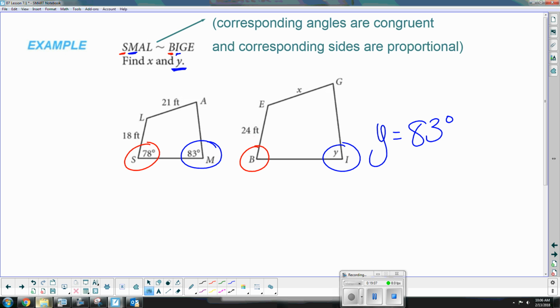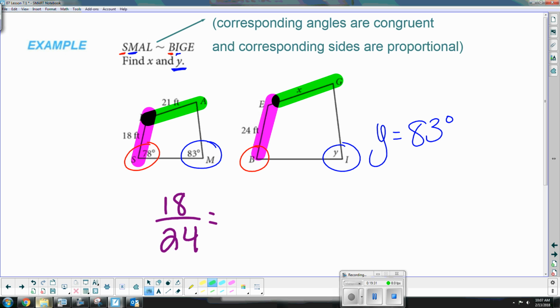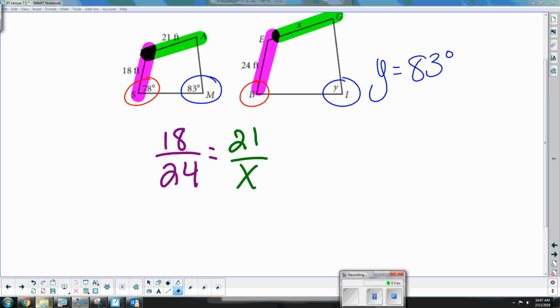And if these two polygons are proportional, that means that LS to EB, so we can write a ratio for that, 18 to 24, has to equal LA to EG, and EG is X. So it has to equal 21 over X. So now to solve this, we can cross multiply.